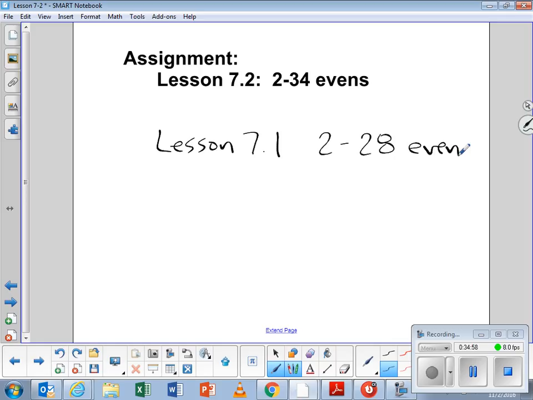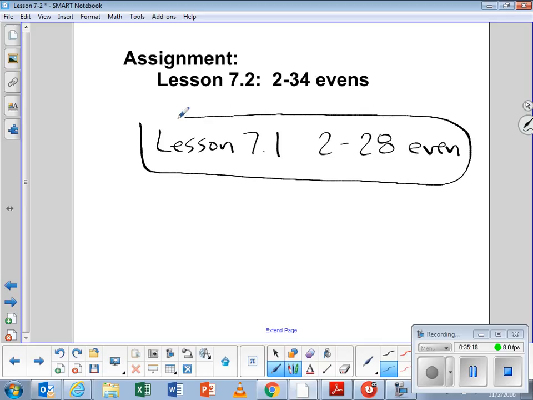You have 17 on today's lesson, and you're going to have tomorrow to work on them also. So I'm not expecting you to run home and get them all done tonight. Then we'll spend some more time answering questions and going through some things tomorrow, okay? This is reviewing what we worked on yesterday in lesson 7.1, and it goes along with what we just talked about today in our notes.